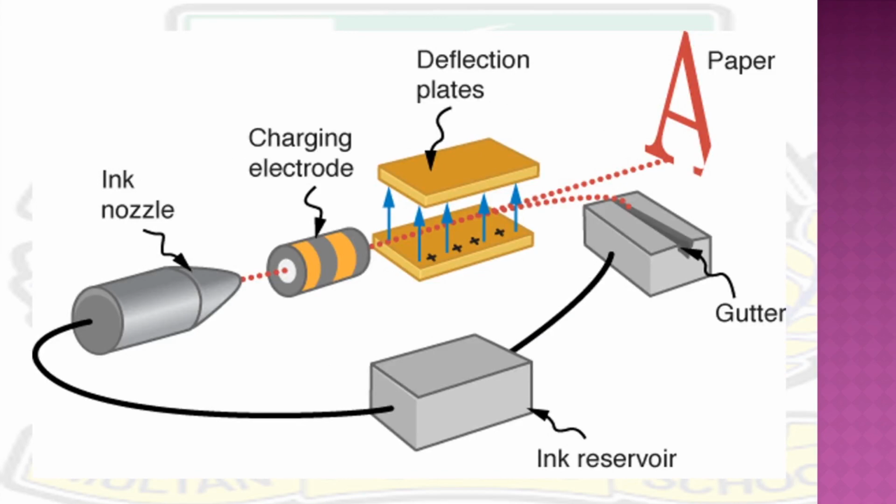Students, the inkjet printer is commonly used to print computer generated text and graphics and also employs electrostatics. You can see here in this schematic diagram that a nozzle makes a fine spray of teeny ink droplets, which are then given an electrostatic charge. Once charged, the droplets can be directed using pairs of charge plates with great precision to form letters and images on paper.